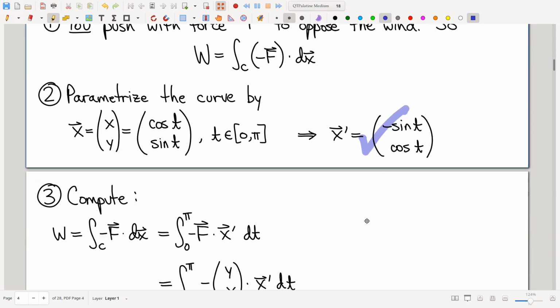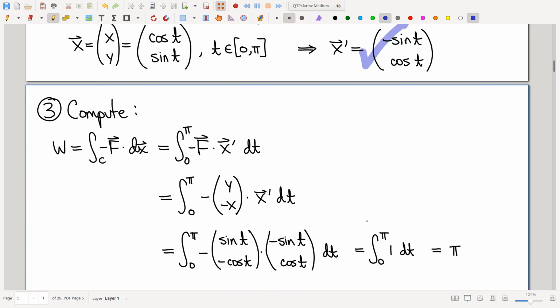And here we go. Let's see here. The f we were explicitly given to be that. Don't forget your minus sign, recognizing that the f that we were given is not the f that we actually wanted.